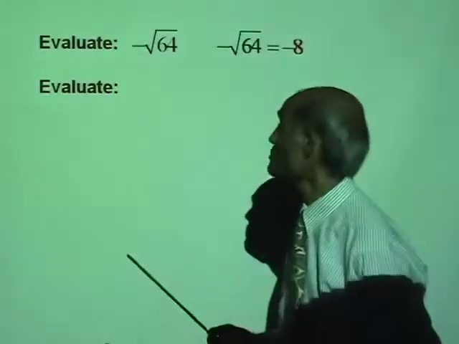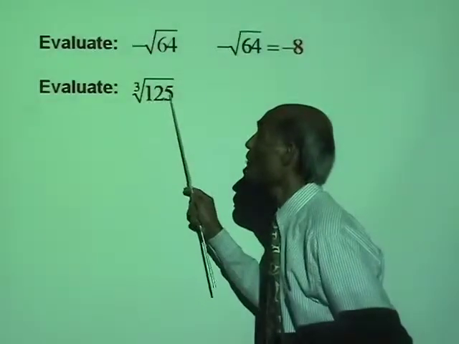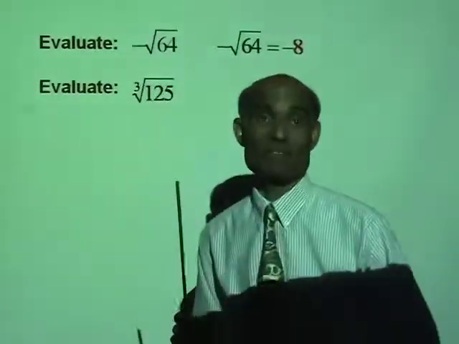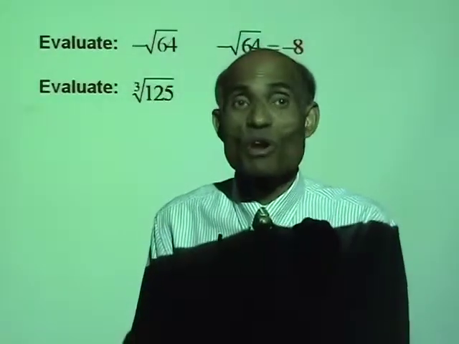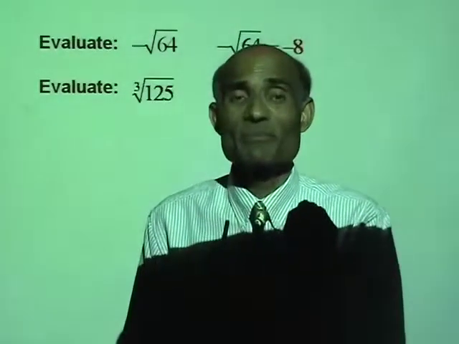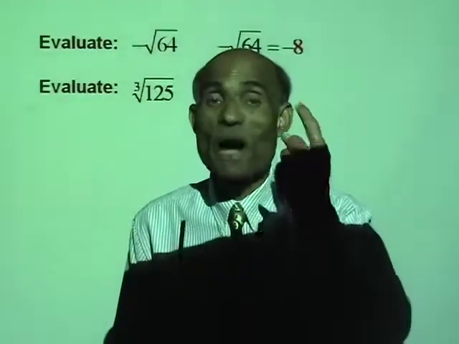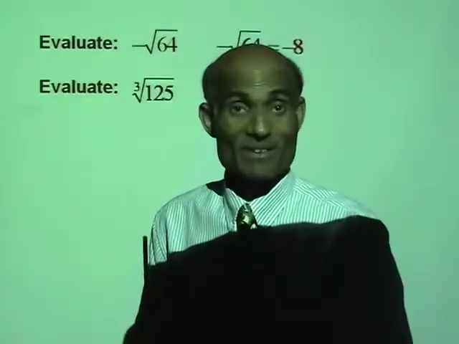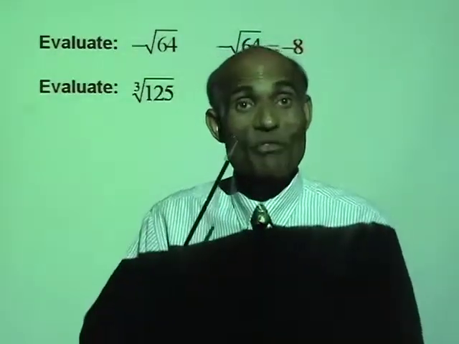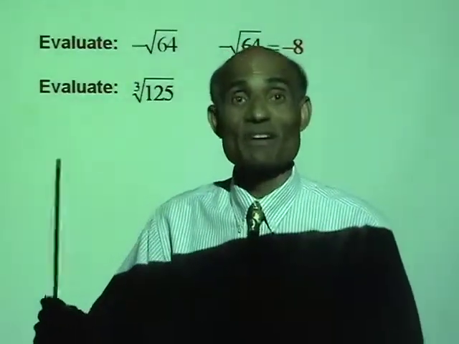How about the next one? Find the value of cube root of 125. We talked about this. Do you remember? What is cube root of 125? In other words, what number raised to the power of 3 gives you 125? That is 5, isn't it? 5 to the power of 3 is 125.